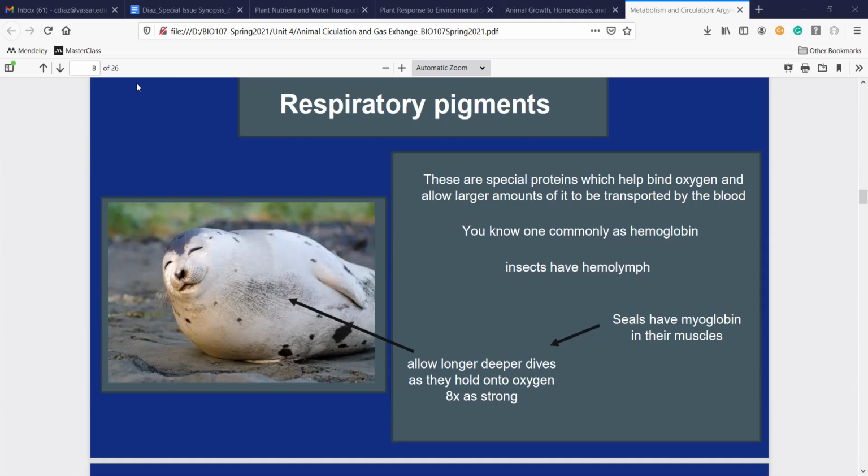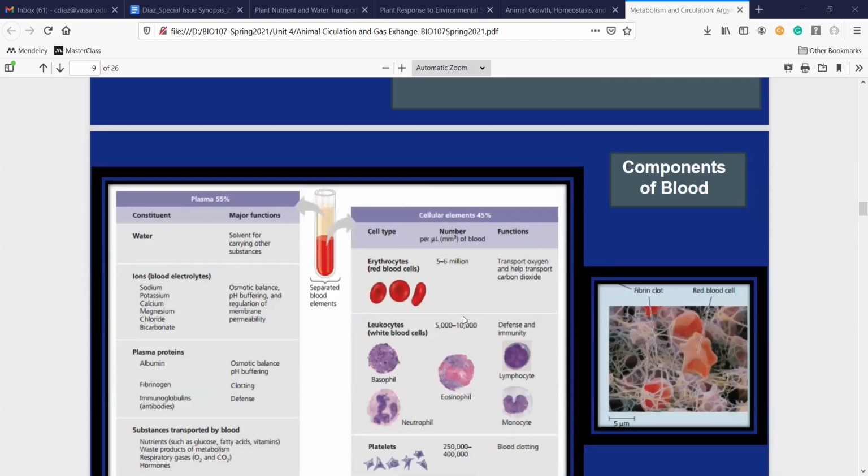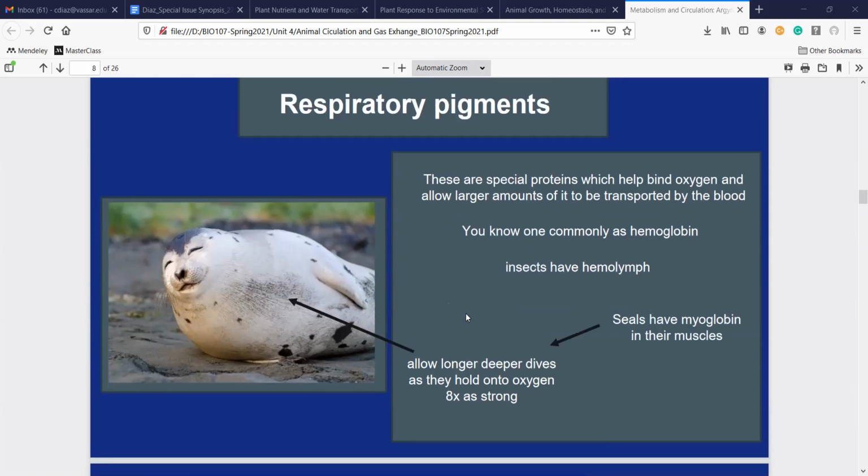And when we're talking about these different respiratory pigments, and I'm not going to ask you the differences in names between them, what I really want you to know is that we use hemoglobin that has a certain affinity for oxygen.